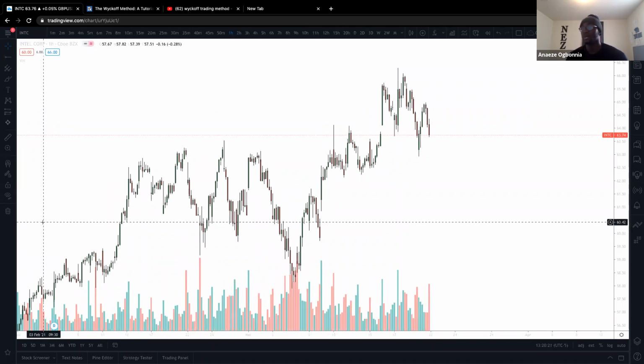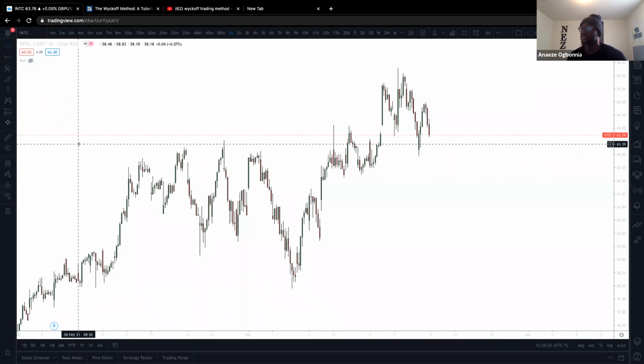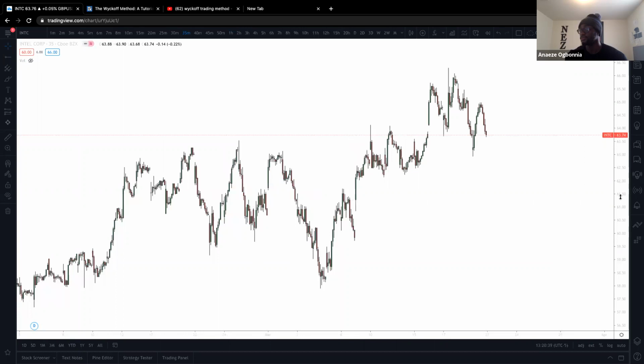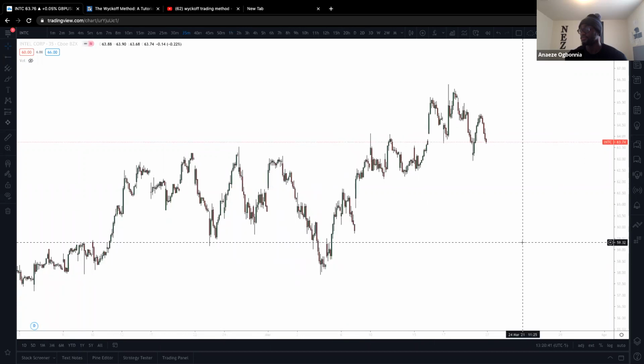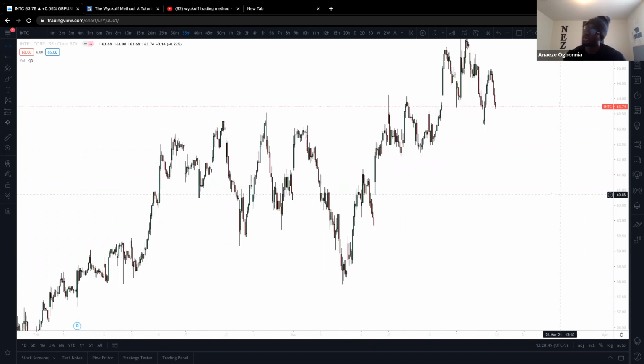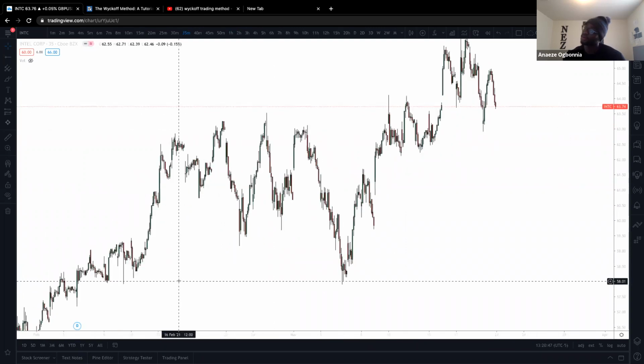Let's take a look at that. Take a backtest real quick: volumes, entries, confluences, trend, all that kind of stuff. I already see it.